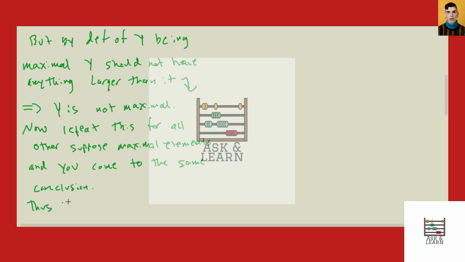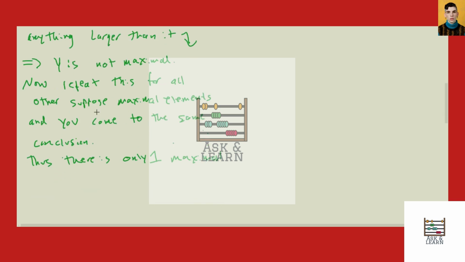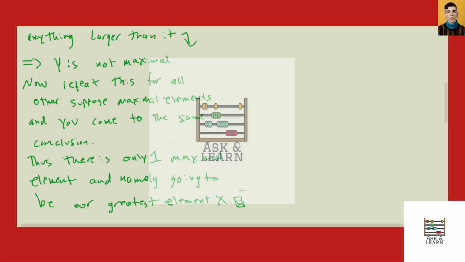Thus, there is only one maximal element, and this is namely going to be our greatest element, x. So now you can put your little proof box and a smiley face because you're glad you're done with it.